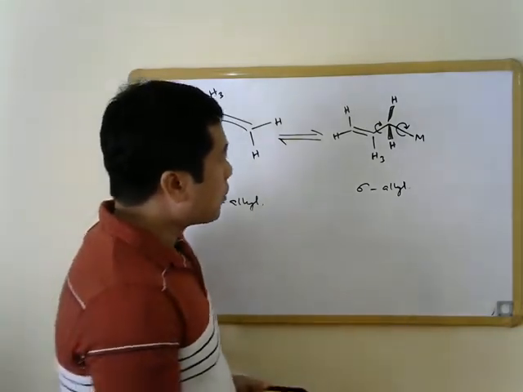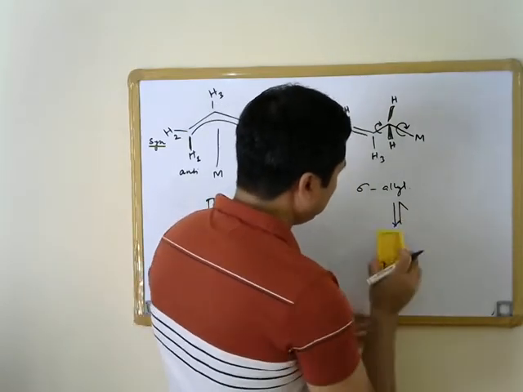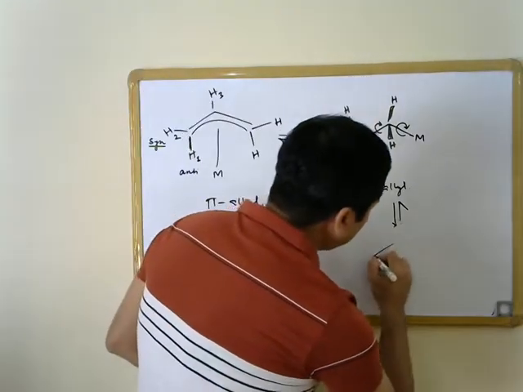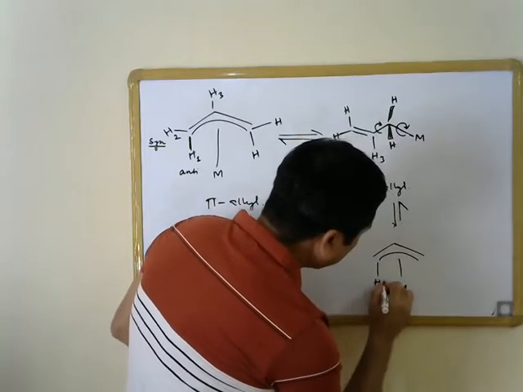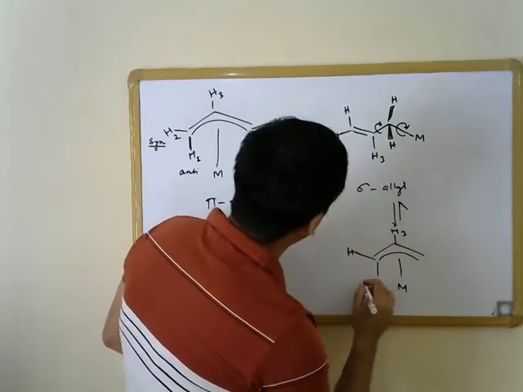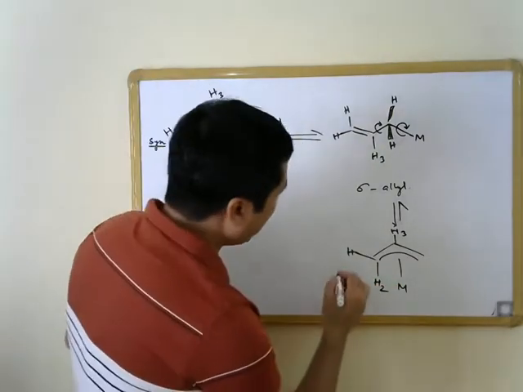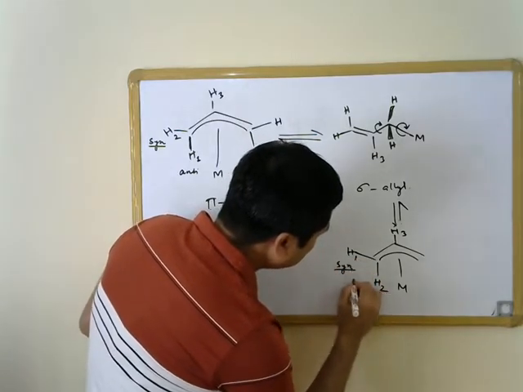Now when this allyl complex is reformed from the sigma allyl complex, it may form in such a way that this is H3, and H2 may now become the anti hydrogen atom, while H1 may now become the syn hydrogen atom.